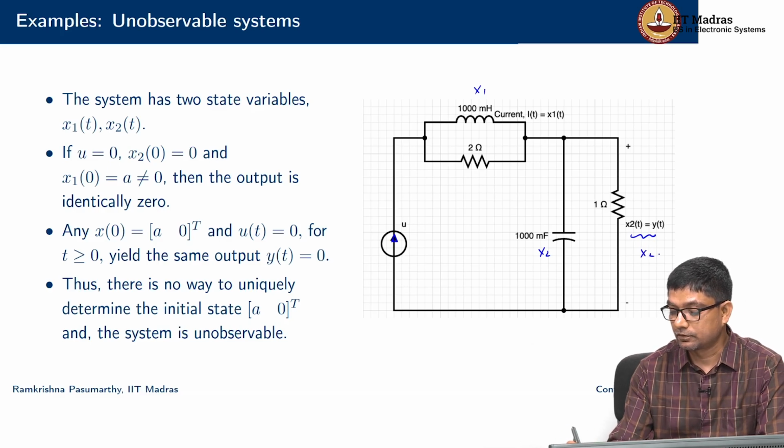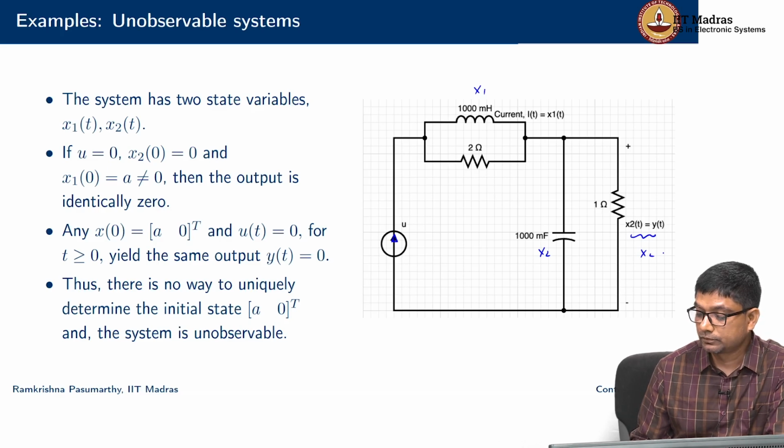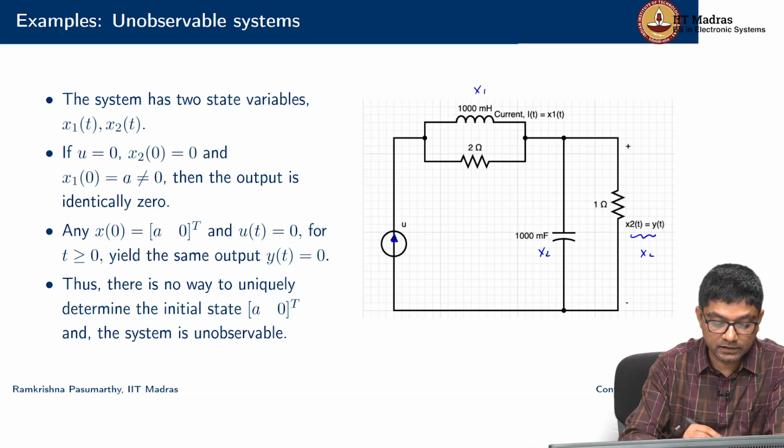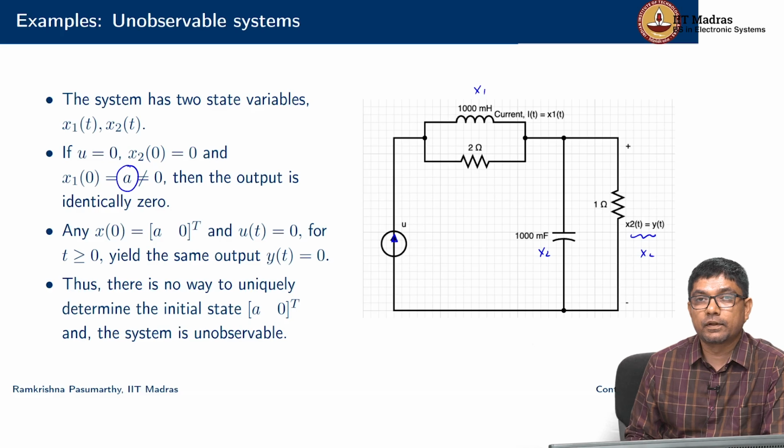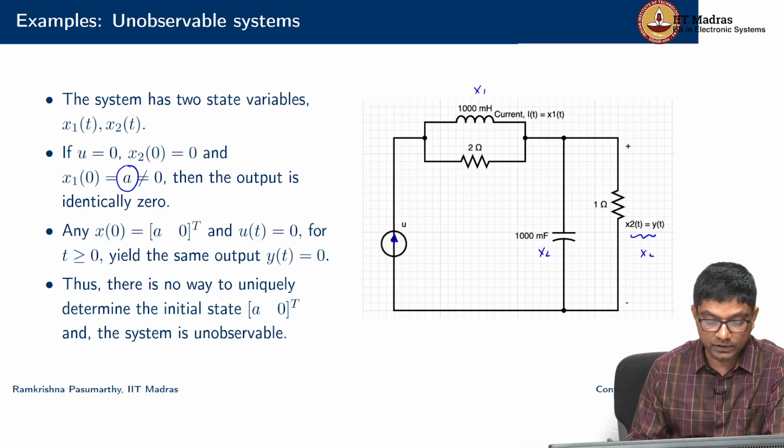If u is 0 and x2 is 0, we start with a condition where u is 0, x2 is 0 and x1 is some non-zero value, but then still output is 0.